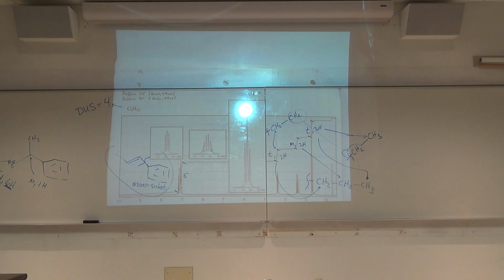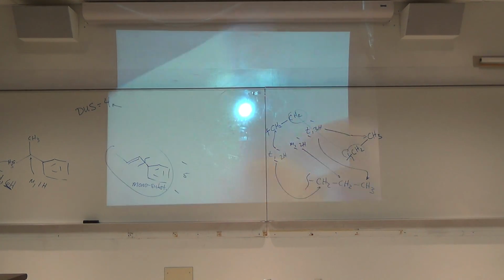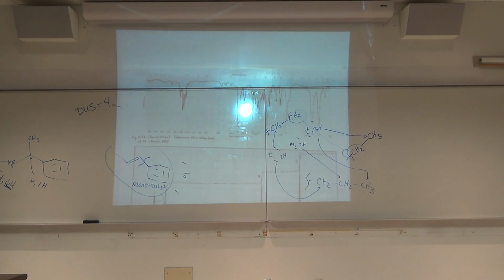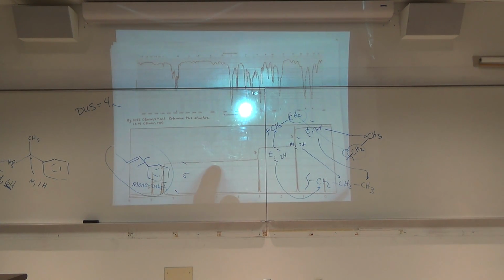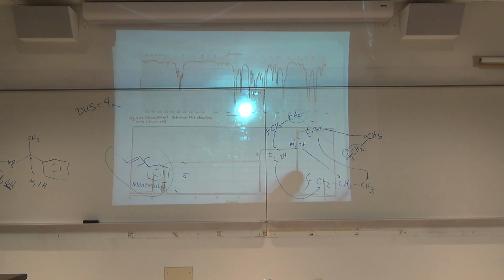Okay. So there was one there. What's on the next page? The next page, we have an IR and a proton NMR. And you will see there's no formula given.